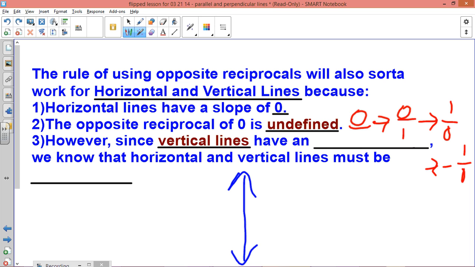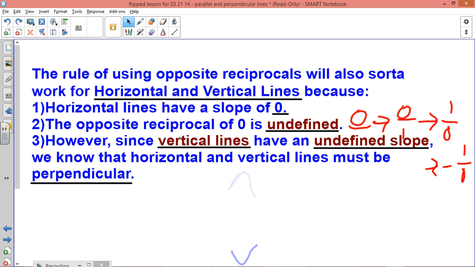So we know that horizontal lines and vertical lines must be perpendicular to each other. All you really have to remember is that all horizontal lines are perpendicular to all vertical lines.